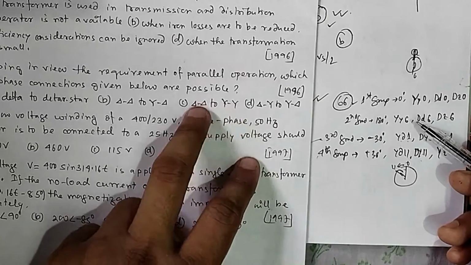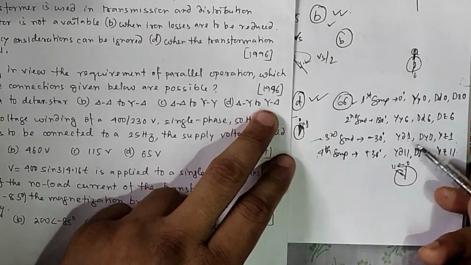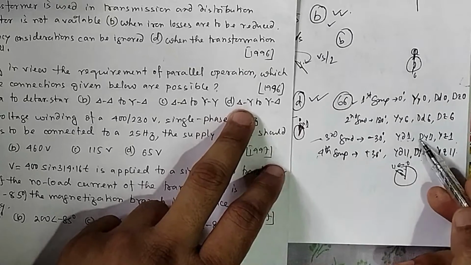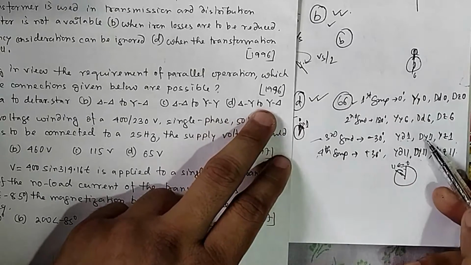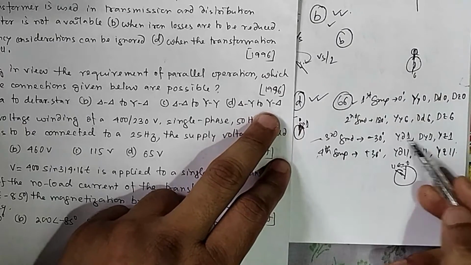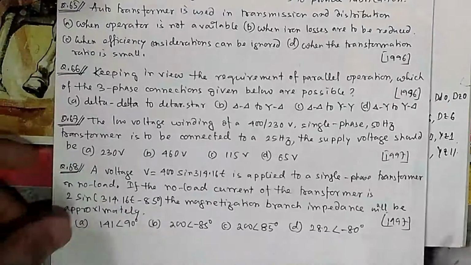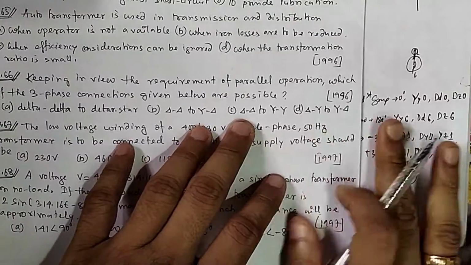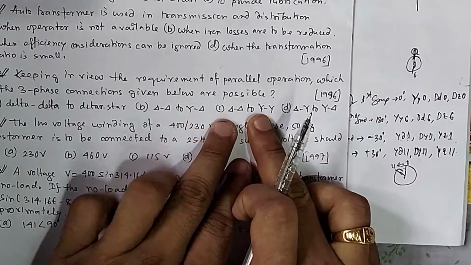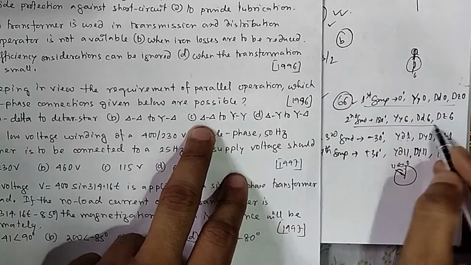So it is possible. And for star delta and delta star, that again depends on what connections you are giving. If you are taking star delta or delta star, and you want to make it parallel with star delta, then the connection should be 1, 1. And if it is 11, then you have to do some modification, 1 and 11. Without any modification, it is always possible within 0, that means within the first group and within the second group.